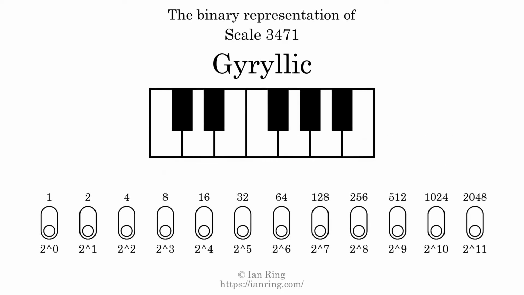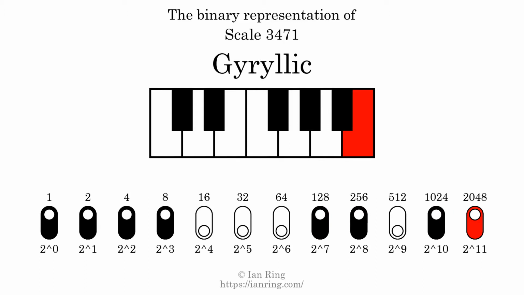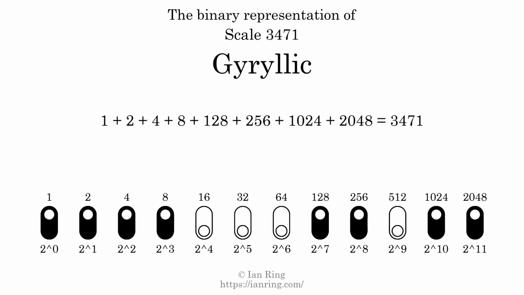The binary representation of this scale is determined by mapping tones of the scale to binary digits. Each binary digit represents a power of 2. To get the scale number, we add the powers of 2 together. The powers of 2 that are present in the scale, all added together, equals 3471.